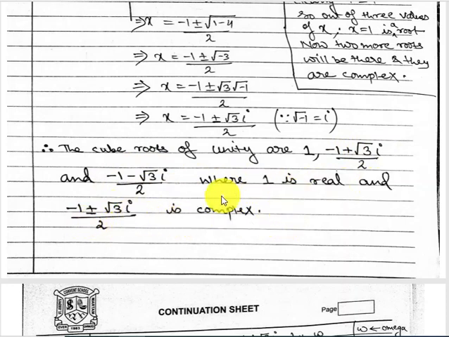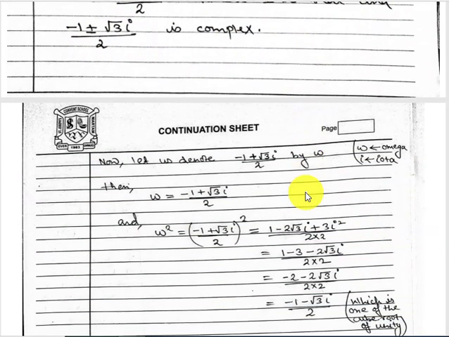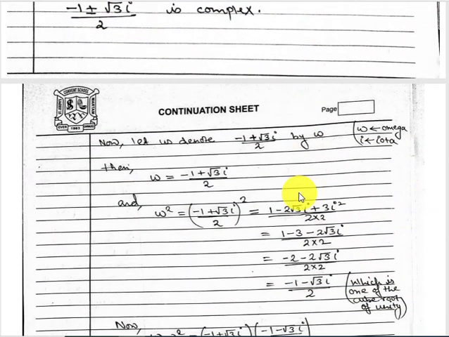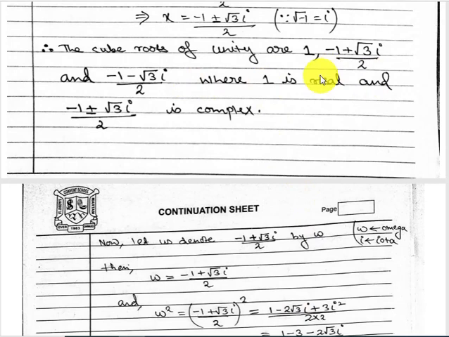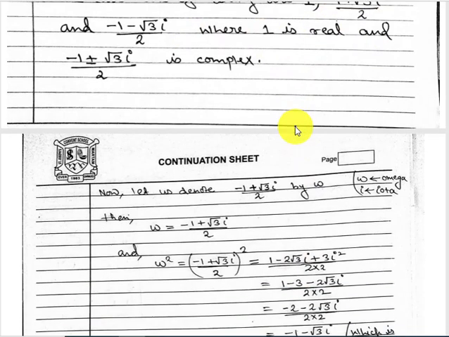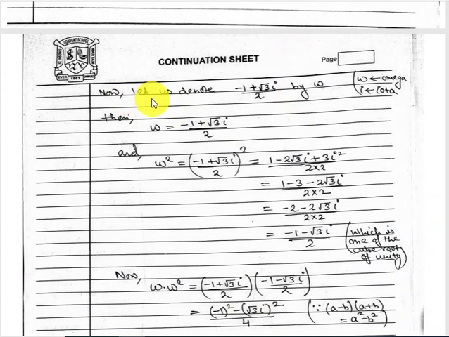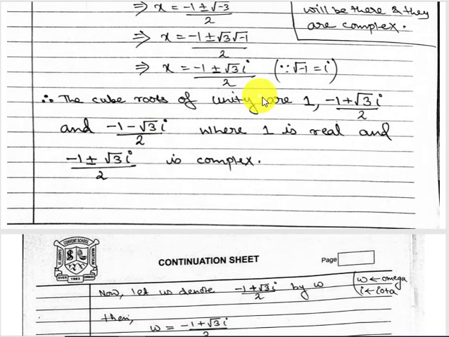Understood? Now let us see the relation between these roots. There are some relations between these 3 roots. Suppose here 3 roots are there, 1, 2, 3. These 2 are complex.